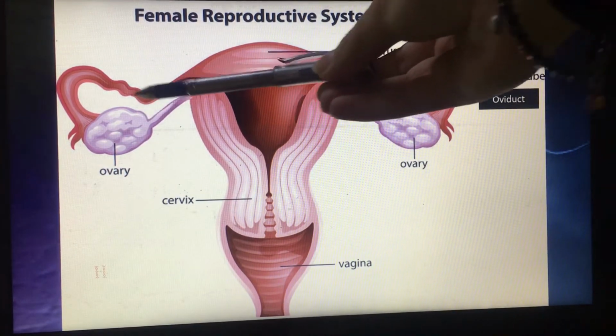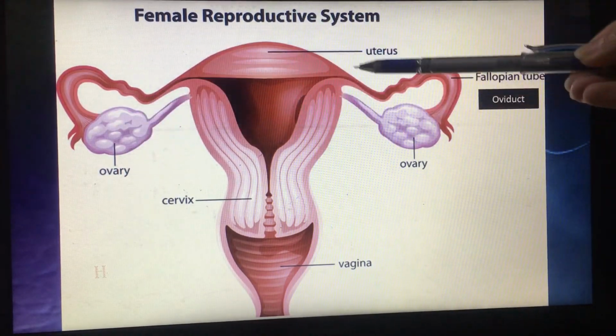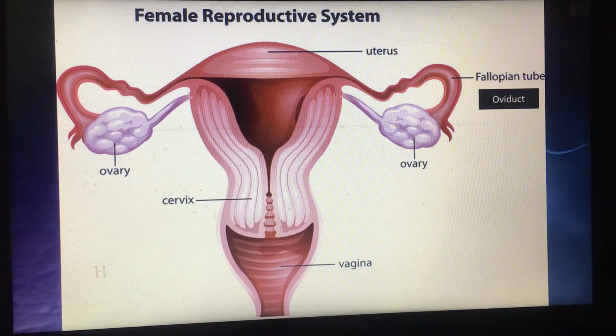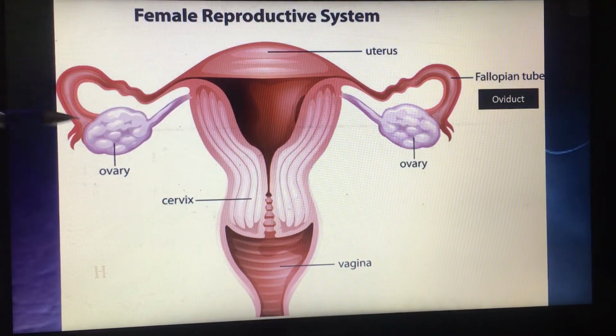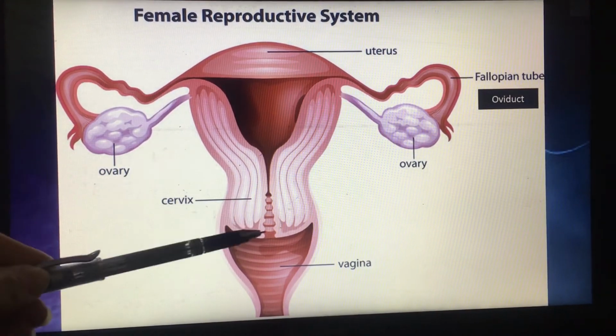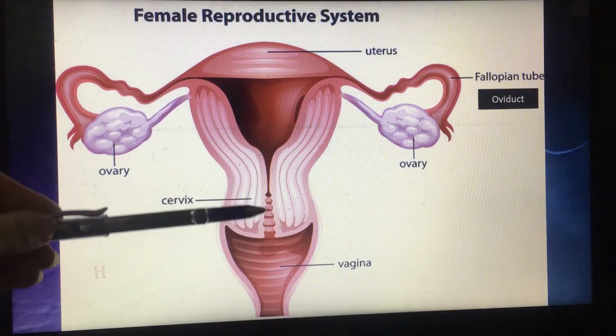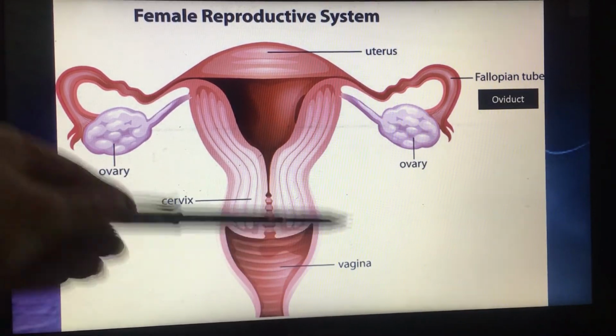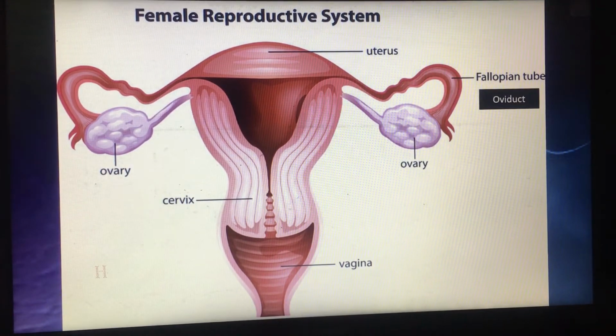And the tube which connects the ovary and the uterus is called the oviduct or fallopian tube. And also here we have the cervix, and the last thing we have is the vagina.